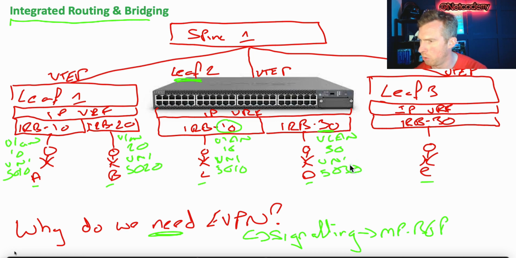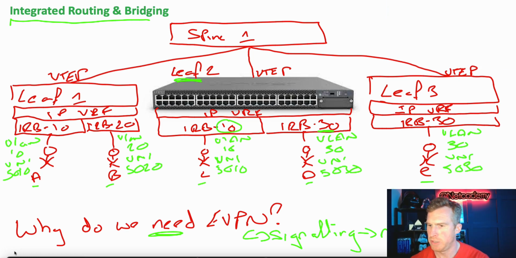And user E, all the way at the end here, has that layer 3 interface IRB.30, and is assigned to VLAN 30, and let's say again that VNI is 5030. So in the EVPN world, we're using BGP to advertise throughout this EVI who's connected to who.